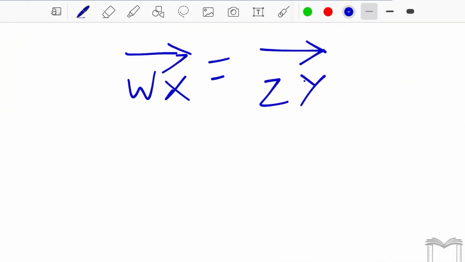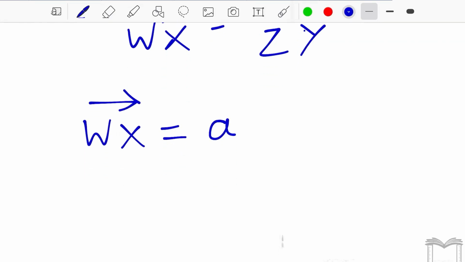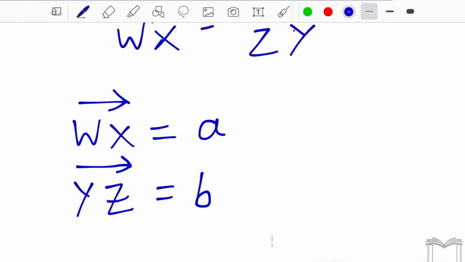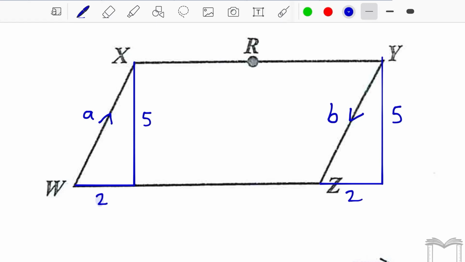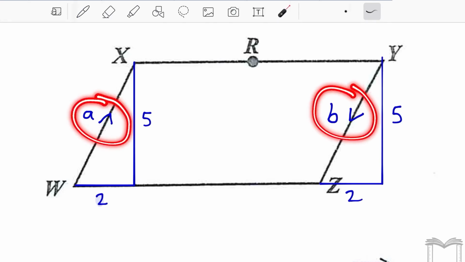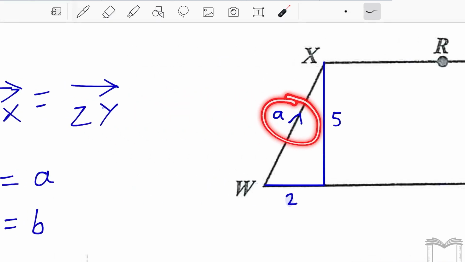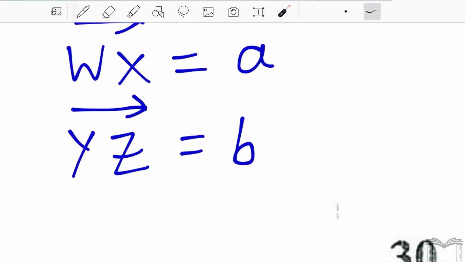So WX is equal to a. However, vector YZ, we know it is equal to b. But seeing that it's the same length but the opposite direction, we can say that vector YZ is equal to minus a.